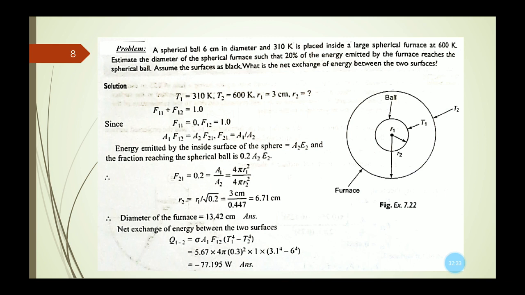Then the area we can calculate for this spherical surface, F12 is actually 1, and T1 and T2 are given in this numerical. Now if we put all these values here, we get Q12 equals minus 77.195 watt. That means ultimately the energy is transferred in the opposite direction, not from 1 to 2, but from 2 to 1.